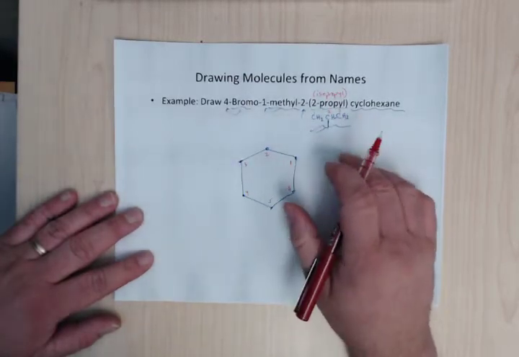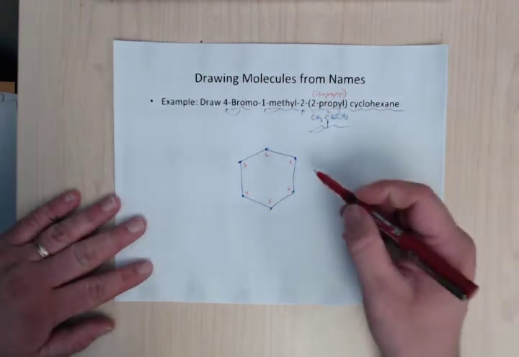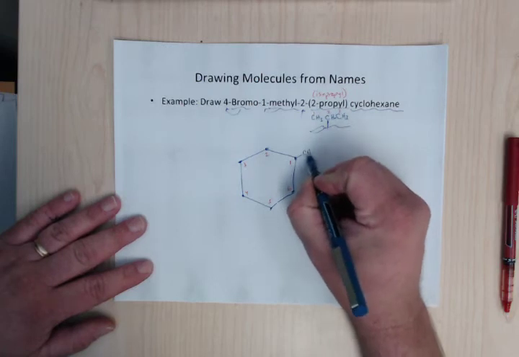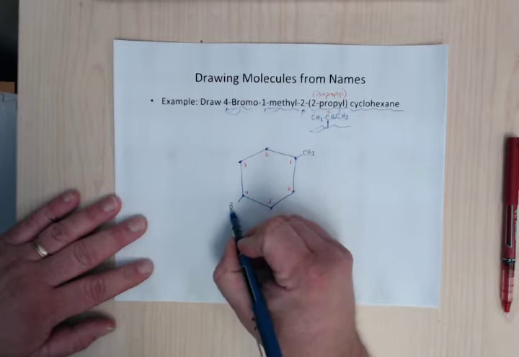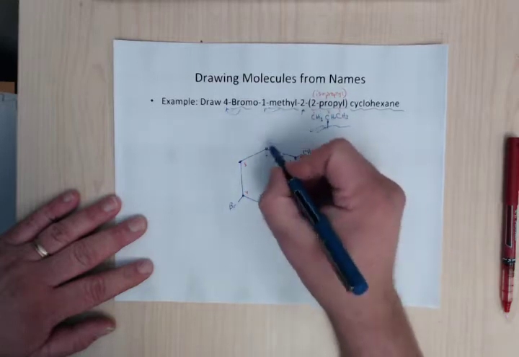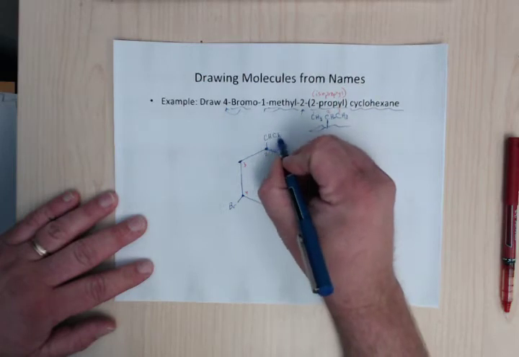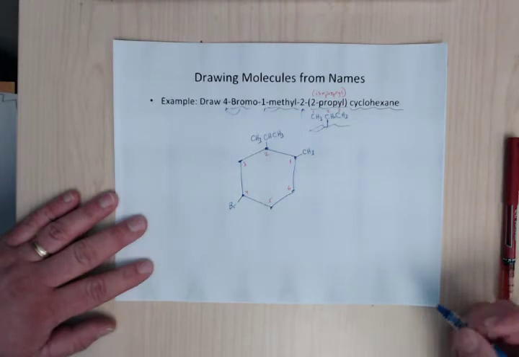That's why drawing from the name is nice, because you can do the numbering wherever you want. At carbon 1 we have a methyl group, at carbon 4 a bromine, and at carbon 2 this 2-propyl or isopropyl group. Like this. Okay, so there you go.